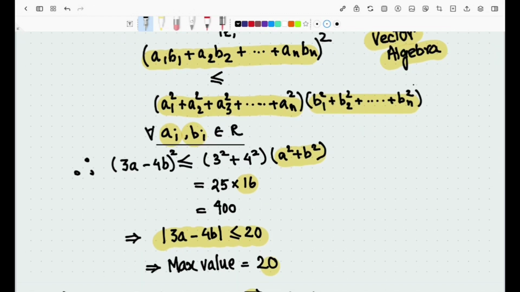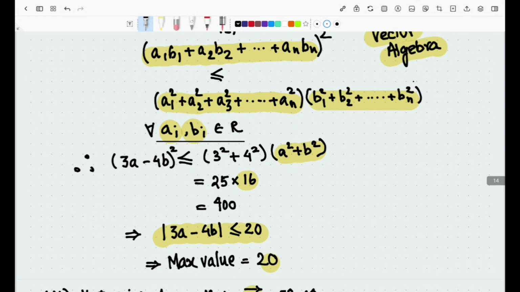The condition for this is that ai and bi must belong to the reals. Now after that, I have just simplified the expressions.